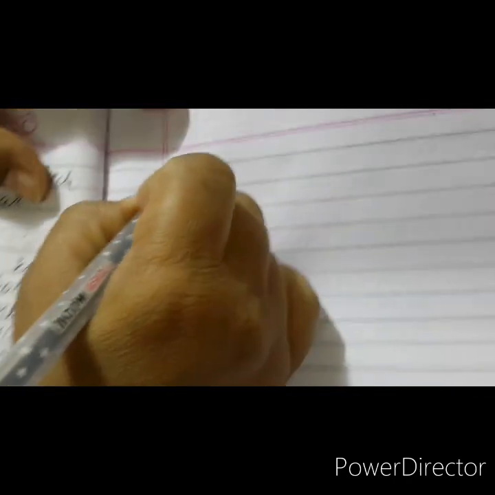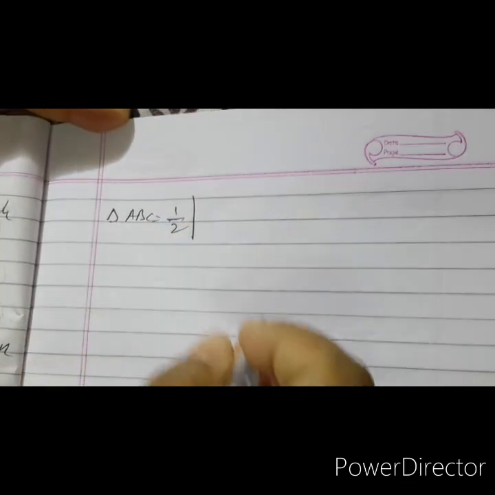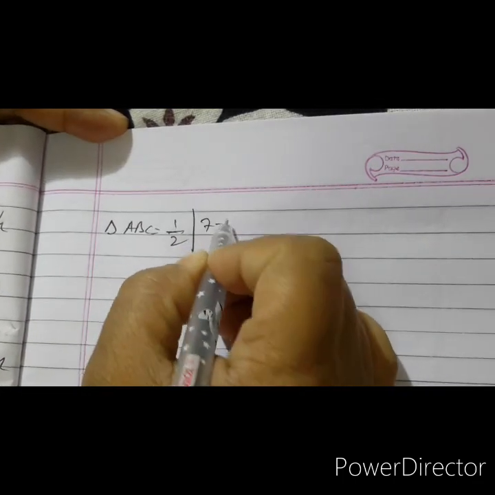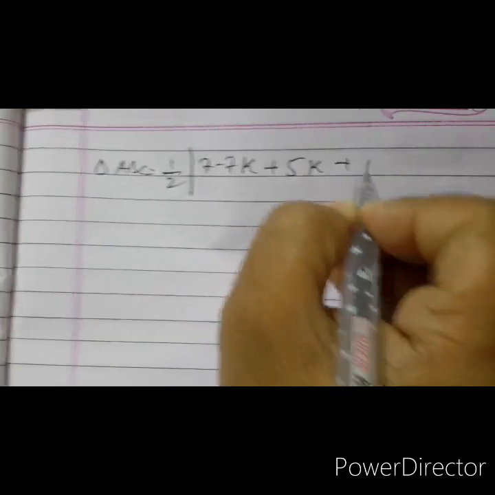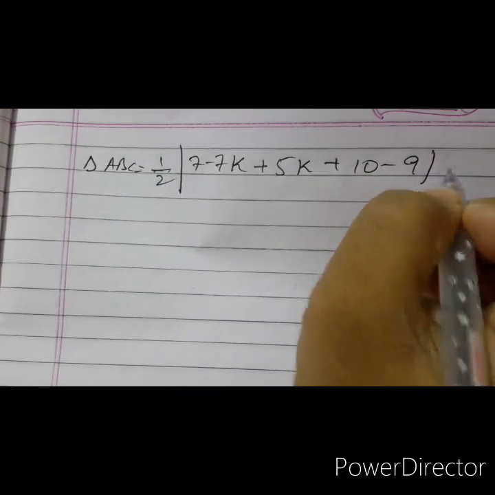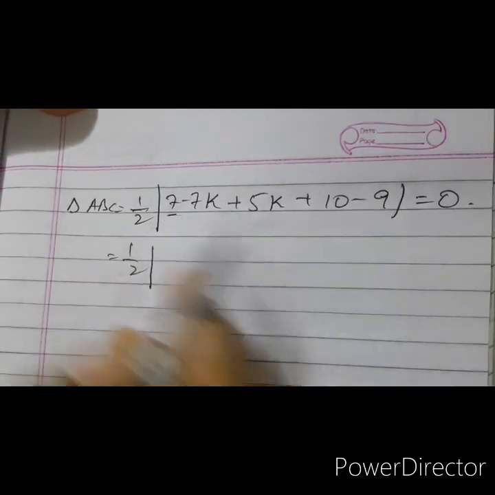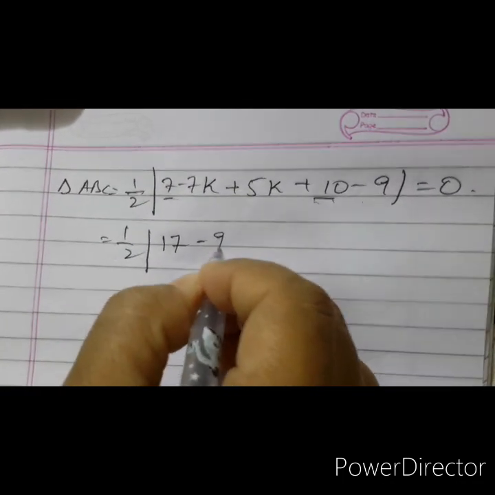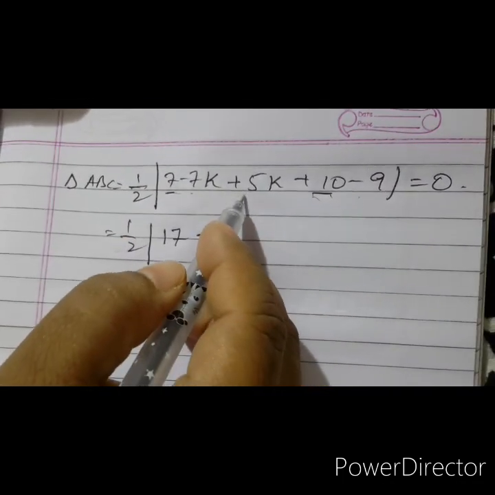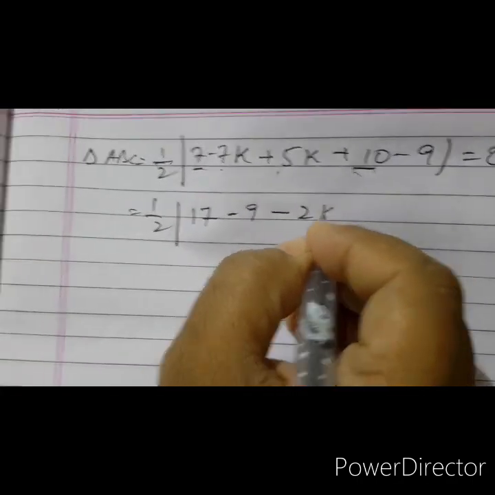Area of triangle ABC equals half of, what is the difference? 7 minus 7k plus 5k plus 10 minus 9 equals 0. Here 7, here 10, that is 17, minus 9, write down minus 9. Minus 7k plus 5k is how much? Minus 2k.